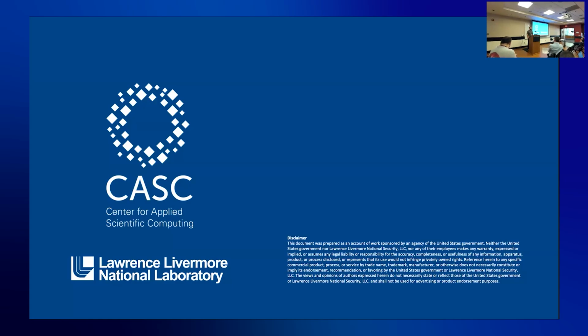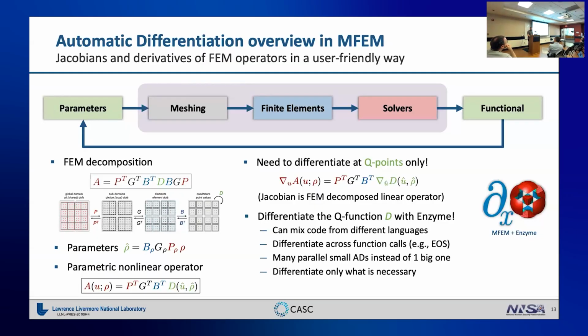Would that be possible? So let's say Laplacian U equals F depends on some parameters, and I want to differentiate with respect to that. Well, the D operator depends on rho, for example. If rho is your parameter, then can you see that? You have rho here, but P, G, and B, and also the solvers on the outside are not dependent on rho.